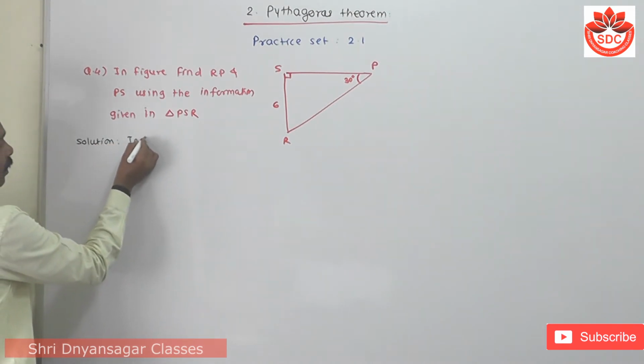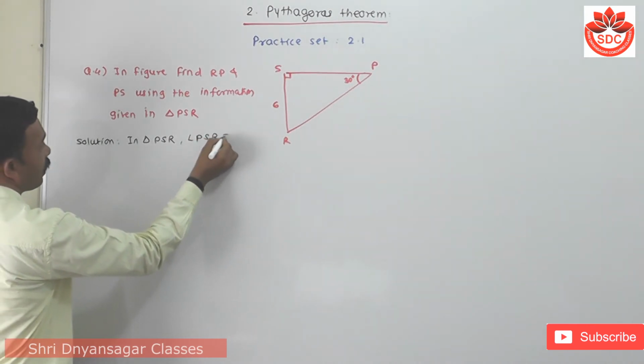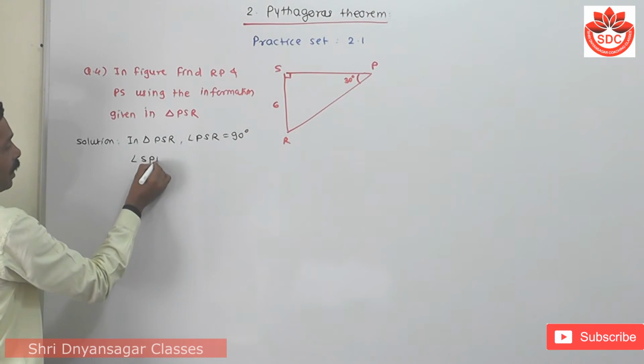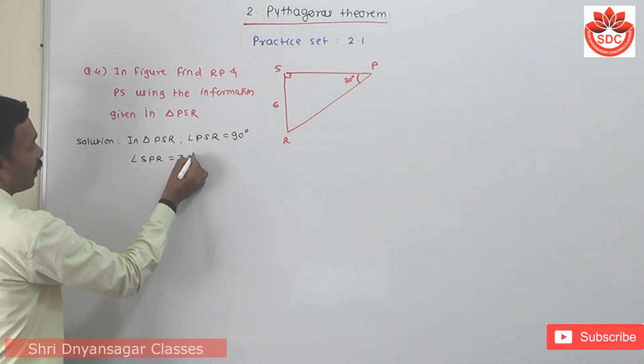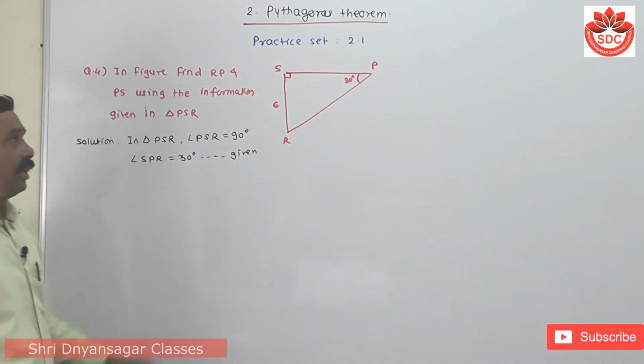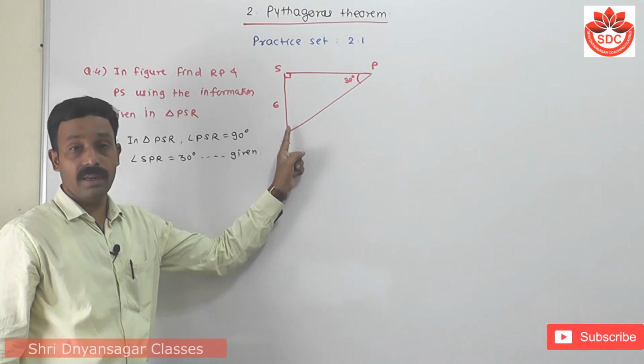in triangle PSR, angle PSR is equal to 90 degrees. Angle SPR is equal to 30 degrees, which is given. Student, if two angles are given, we can find out the third angle by using the sum of all angles of the triangle.